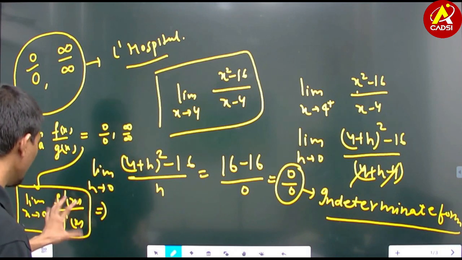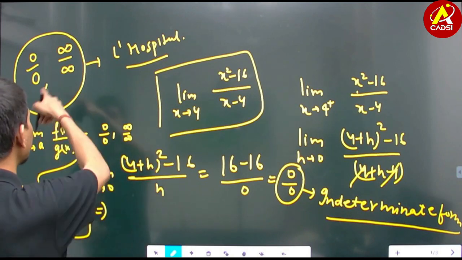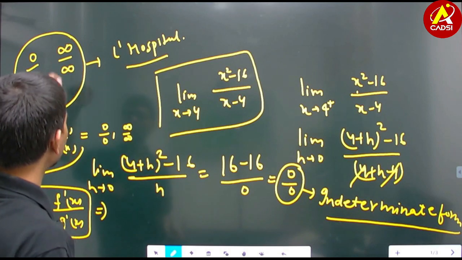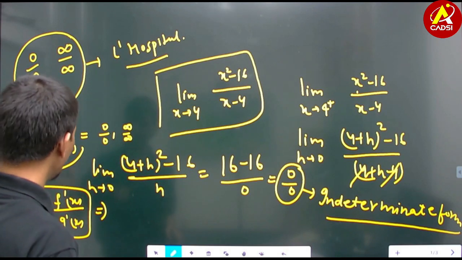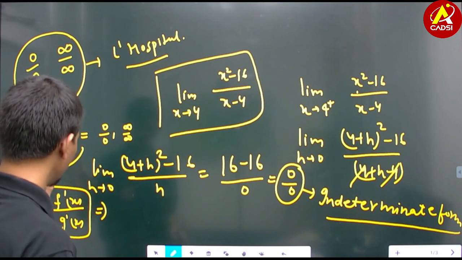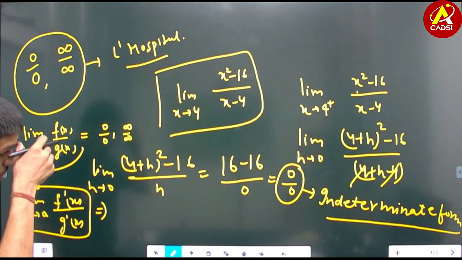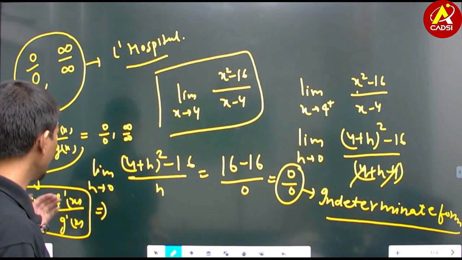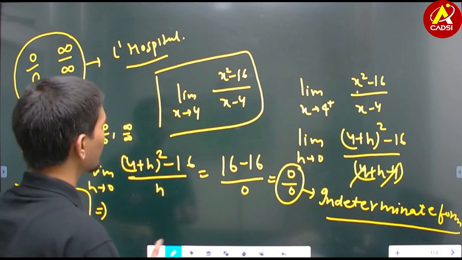If we again see 0 by 0 or infinity by infinity in this expression, we can use L'Hospital rule again on it. So we have to find the derivative of f(x) and g(x).